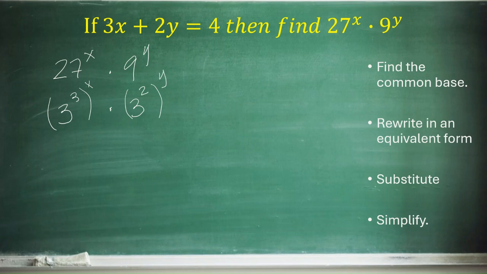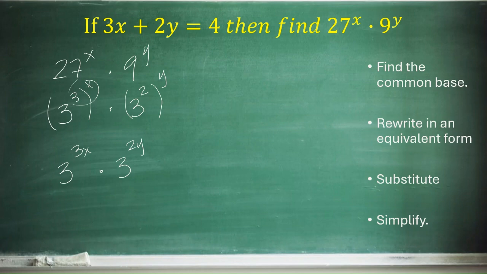So if we simplify this, we end up with, and this is the power on power rule of exponents, we multiply these two exponents together, 3 to the power of 3x times 3 to the power of 2y.